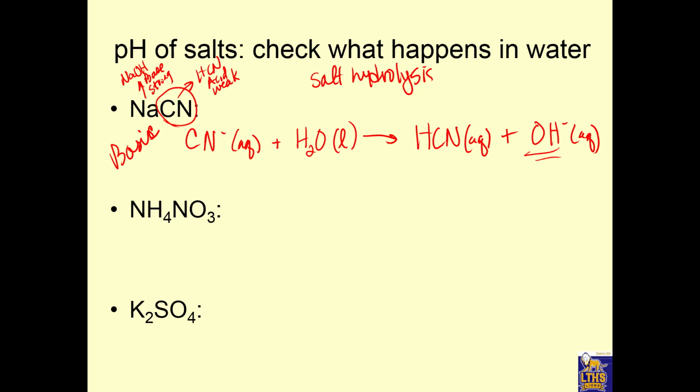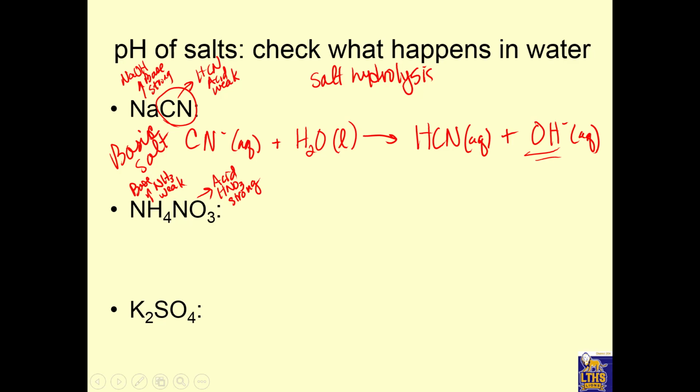Basic salt. All right. This is ammonium nitrate. The ammonium came from a base called ammonia, which is weak. And the nitrate came from an acid called nitric acid, which is strong.